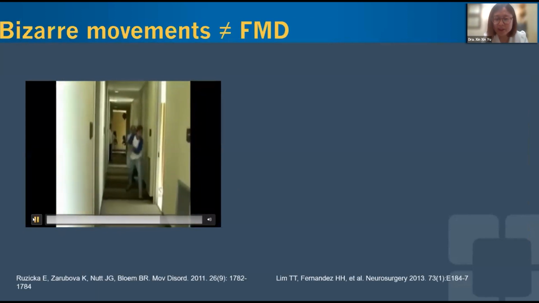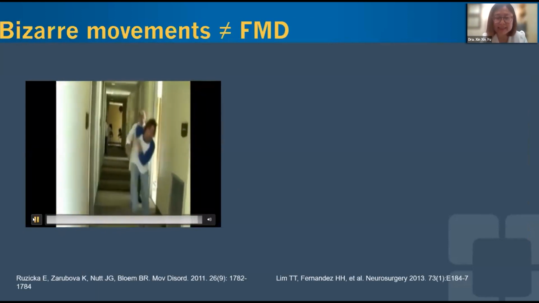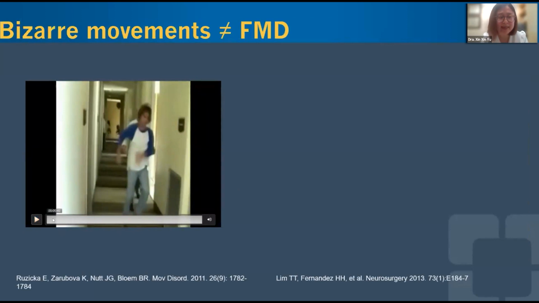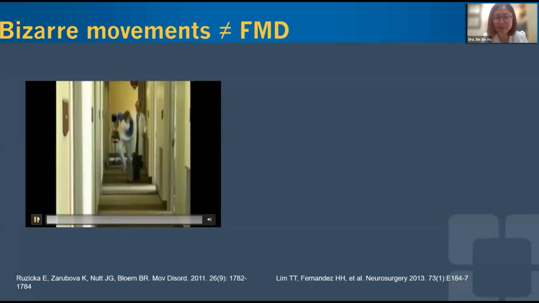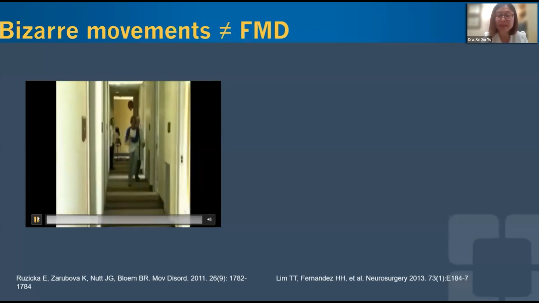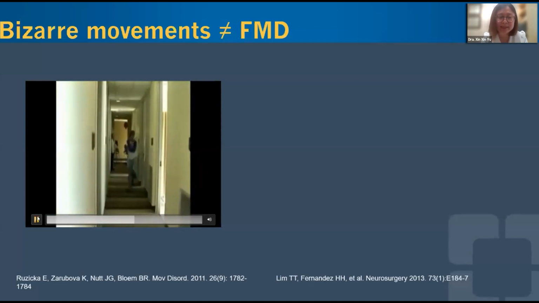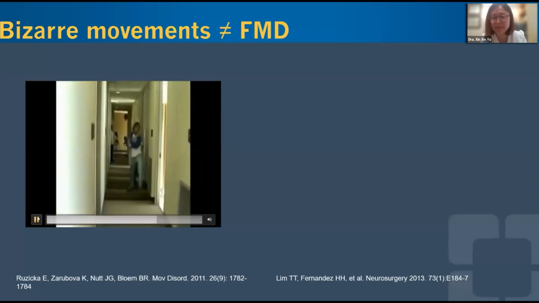So this is a patient diagnosed with Parkinson's disease at age 35, and he had a positive response to levodopa, and he developed this very bizarre dyskinetic gait pattern associated with the on time. And this person actually did well with deep brain stimulation.